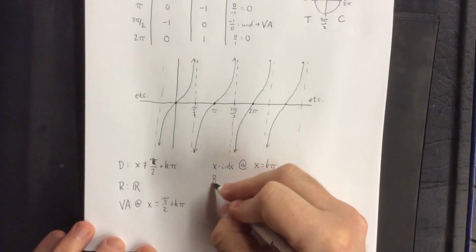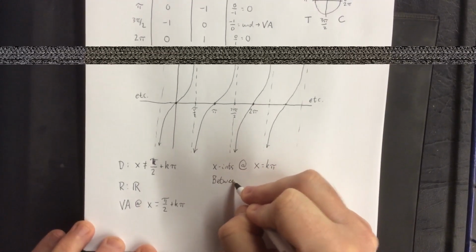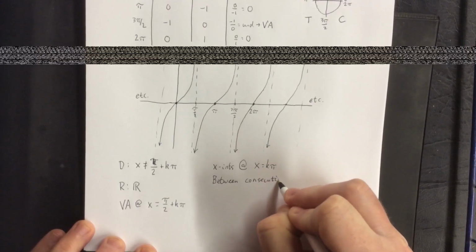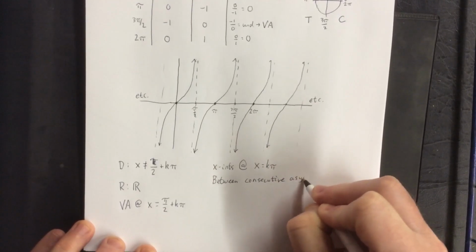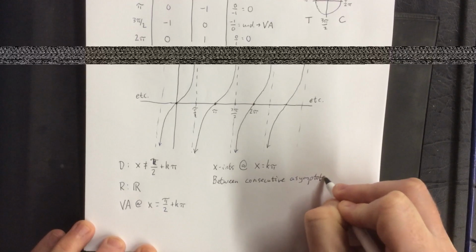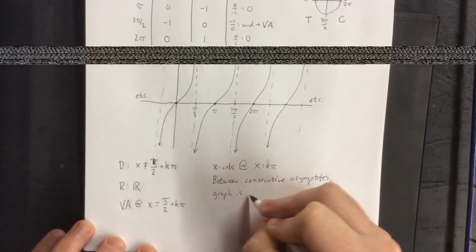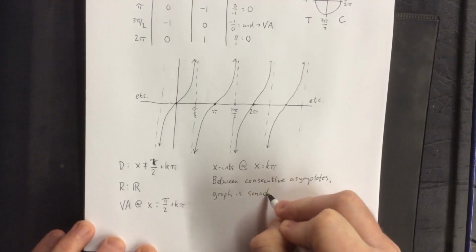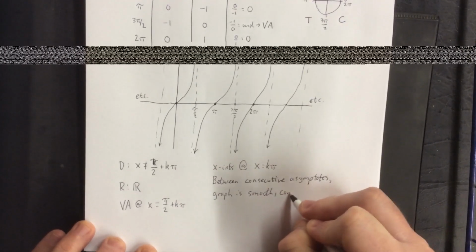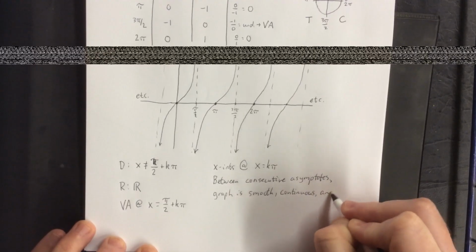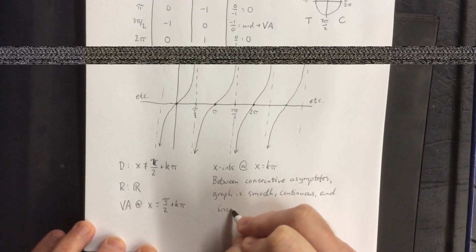Additionally, between two consecutive asymptotes, the graph is smooth, continuous, and increasing.